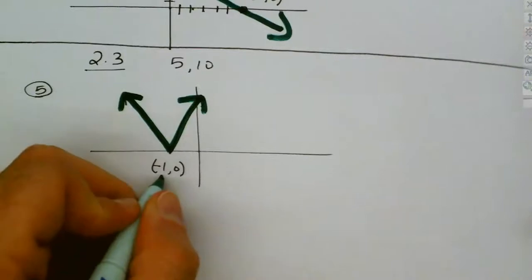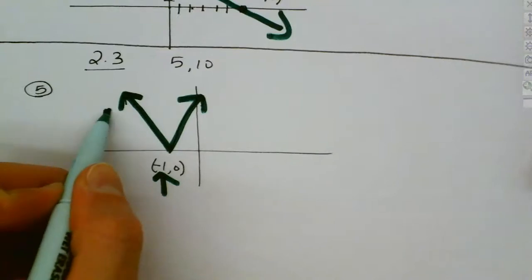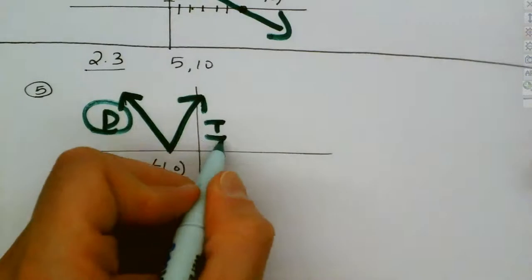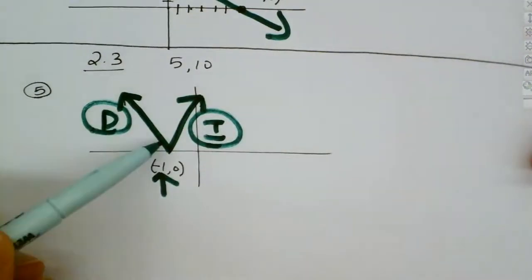So I'm not going to be using that 0. I'm going to be labeling that off of that -1. And we look at it from left to right. So what's happening here is it's decreasing, and then this part is increasing. If you look at it from left to right, it's going down, and it's coming up.